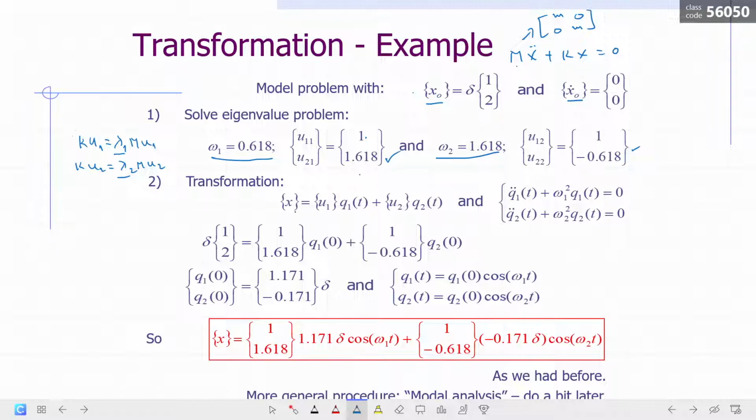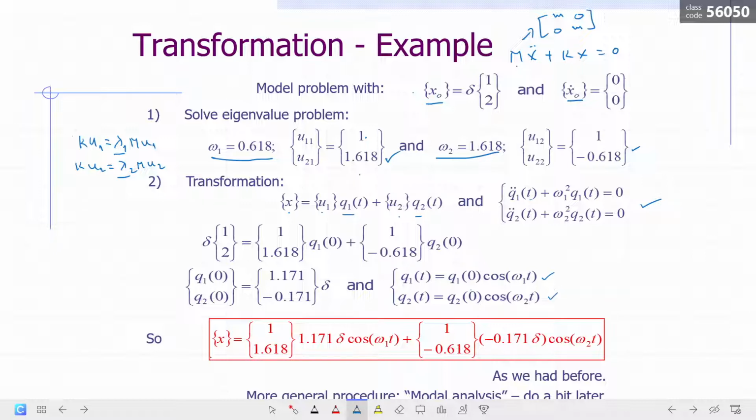After that we can have h as a linear combination of u1 and u2 by q1 and q2. So we reduce the original equation to an uncoupled equation like this, and then we solve for q1 and q2. Because the characteristic equation has purely complex roots, the homogeneous solution becomes a cosine like this.